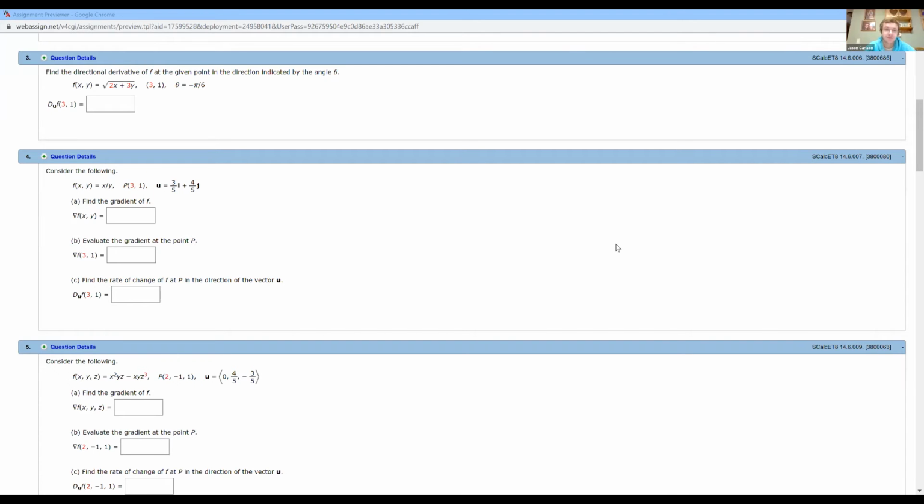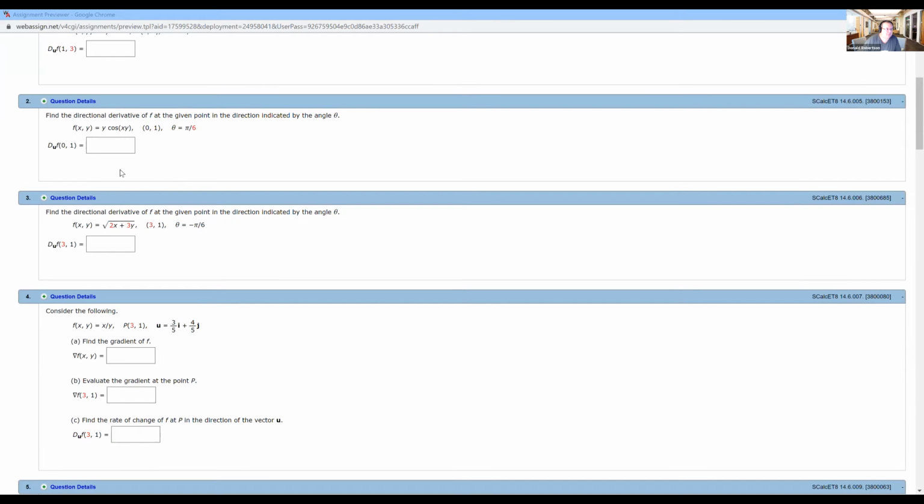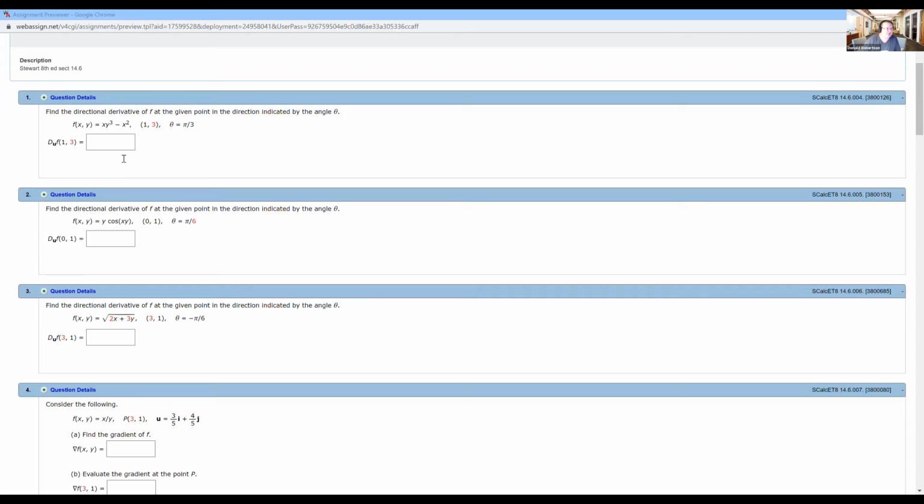Yes. Okay, so I'm just going to show you what these kinds of questions look like, just the way WebAssign asks it, because sometimes they just make life weird. Can you see in this case here, it's pretty straightforward: here's the function, there's the point, and this is the angle.